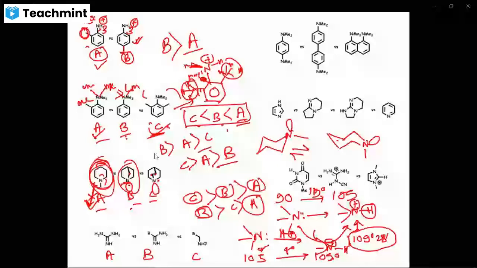A is most basic, then B, then C, right? If it takes a proton, it will take the proton here, and you will have three equivalent resonating structures. Here you will have two equivalent resonating structures, and here you don't have any resonance at all, right?